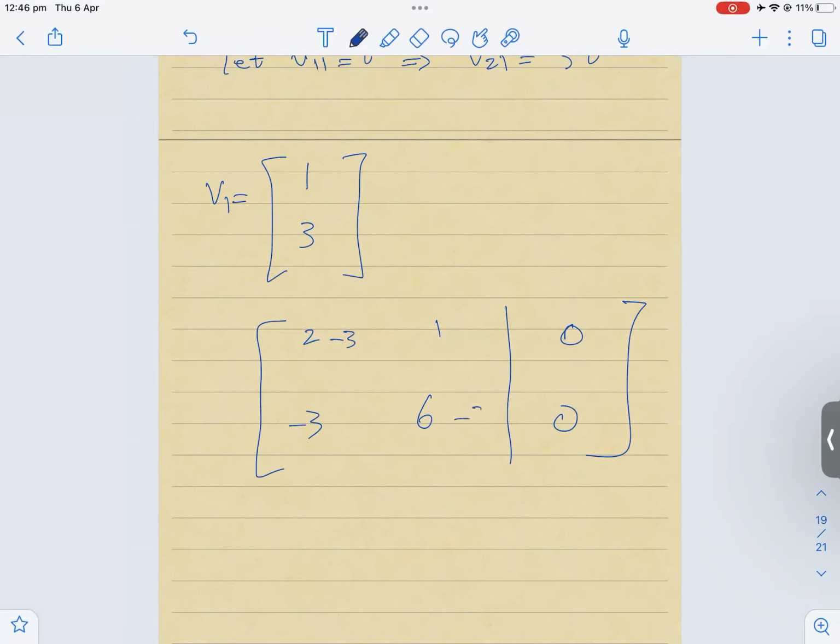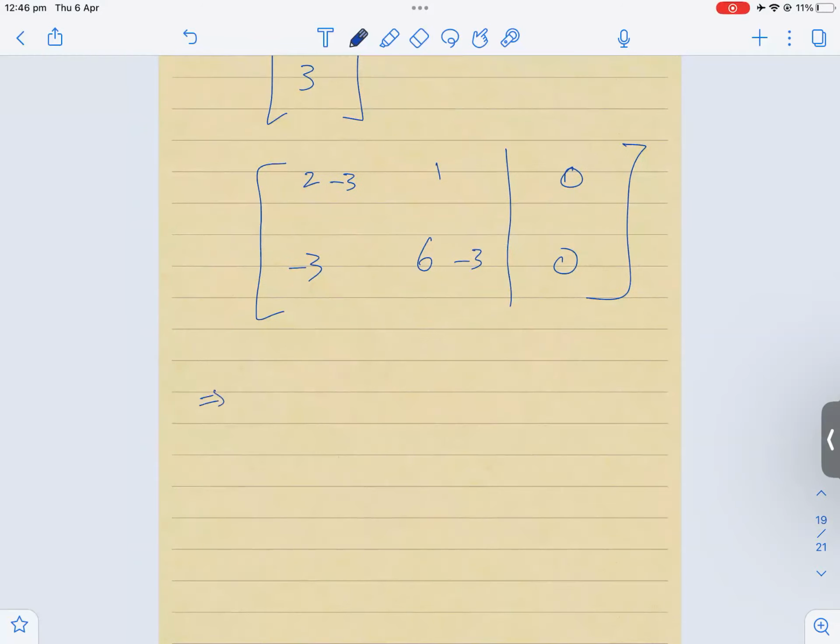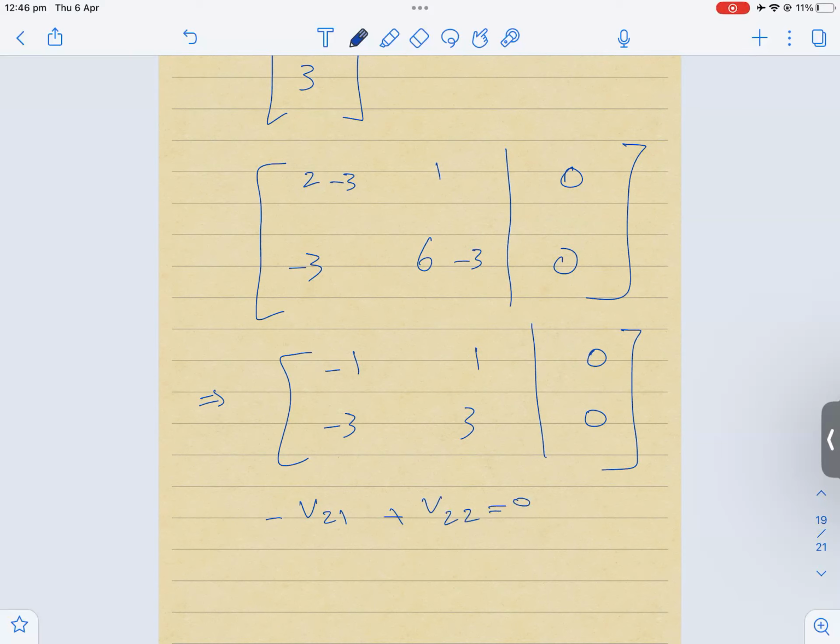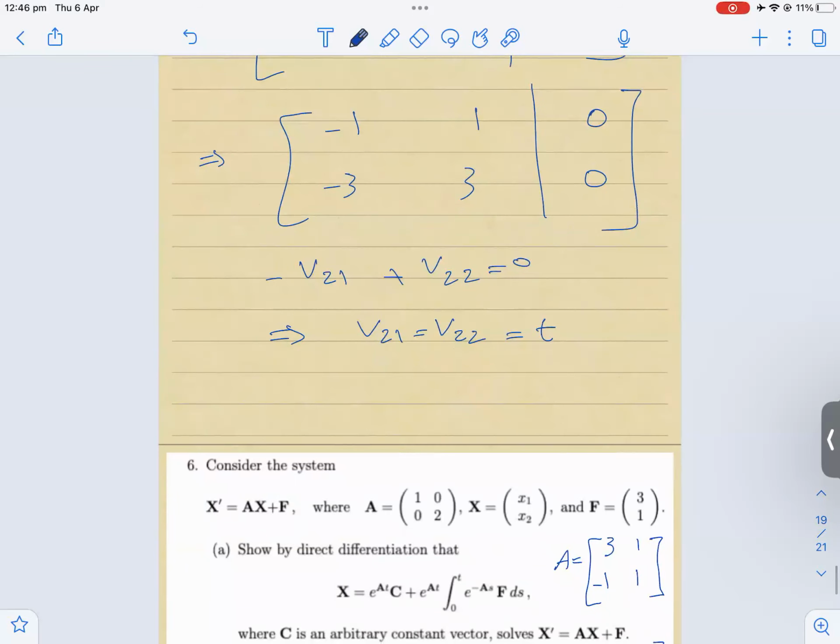So this will be minus 1, 1, minus 3, 3. The second row will also be 0. So minus v2 1 plus v2 2 equals 0. From here, v2 1 equals v2 2 equals t. So the second eigenvector will be 1, 1.